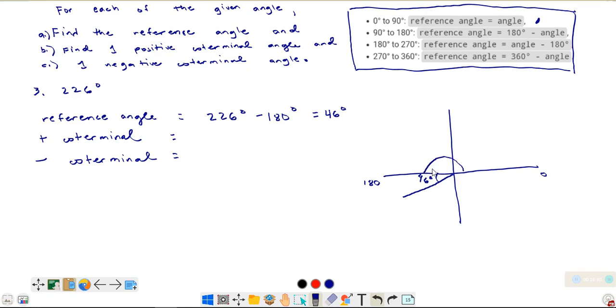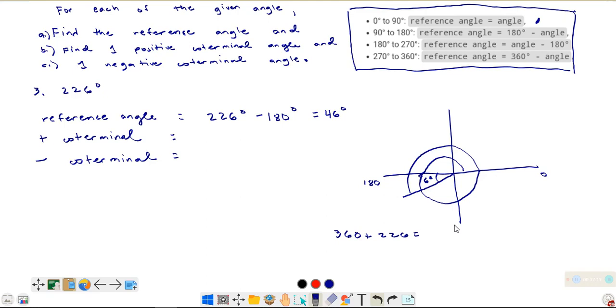Kasi nakaisang straight angle siya, 180. Tapos dadagdagan mo lang siya ng 46. Yun na si 226. So, pagdating dito, isang revolution, 360, plus 226 ulit. That is the one that is coterminal with your given angle.